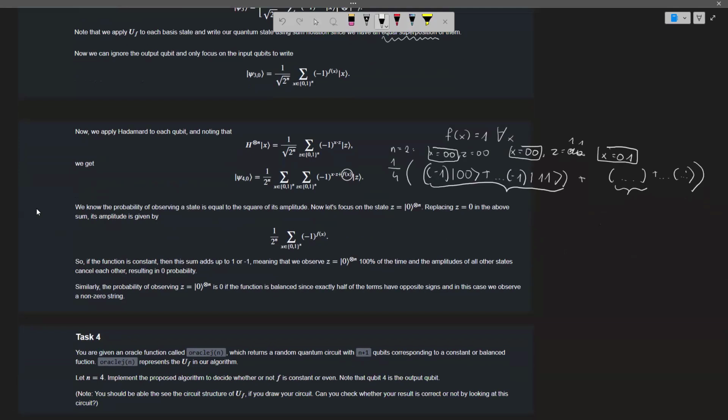Now, we know what the probability of observing a state is. It is equal to the square of its amplitude, or the module of the square, or square of the module, sorry. So if we have amplitude lambda, then this is the probability of the state.